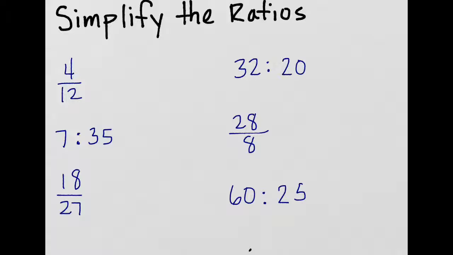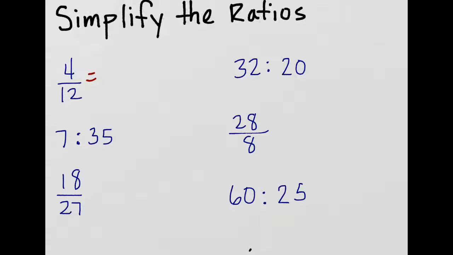Okay, hopefully you took some time to look at these. I'm sure you noticed that some of the ratios are in fraction format, and some of the ratios are in that format where they use the 2 dots, the colon. But we would say them all the same way, and I think that the first thing that we want to do is make sure that we rewrote everything in fraction format. So let's take a look at the first one. It already is in fraction format.